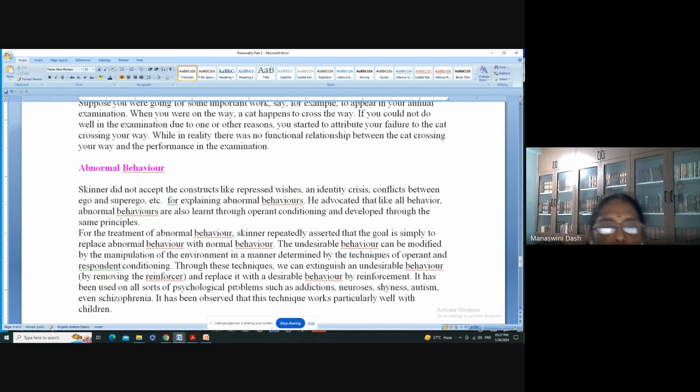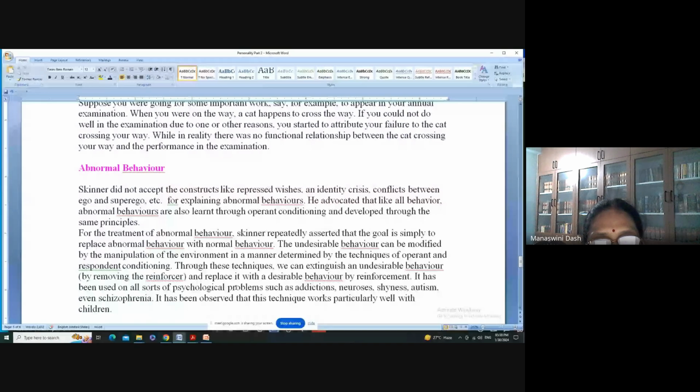It has been used on all sorts of psychological problems such as addiction, neurosis, shyness, autism, etc. Even some of the undesirable behavior of schizophrenic patients, when they are stable after taking medicine, can be replaced with desirable behavior taught to them through the principles of operant conditioning.